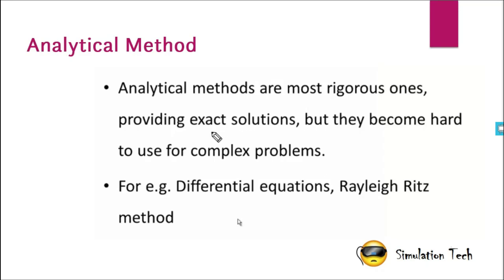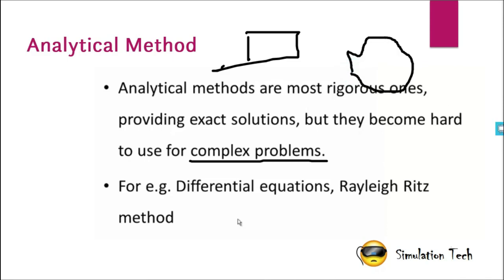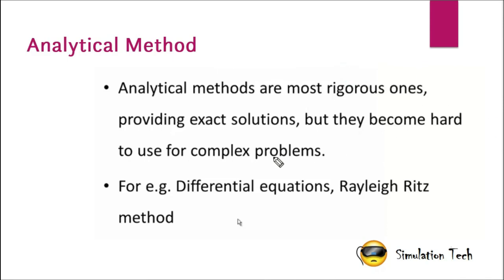If our problem is very hard or super complicated, the solution will be that much harder to get. That is the reality, because we don't have a ready-made formula, so we need to derive the formula to solve complicated problems. For a simple rectangle we have the formula, but for irregular shapes we don't. So that is the analytical method.